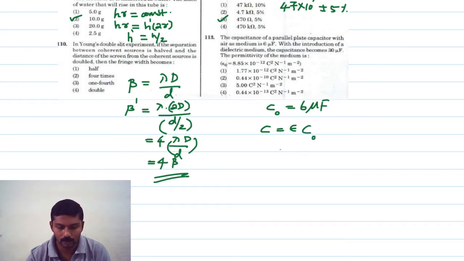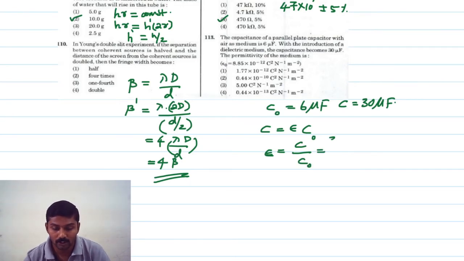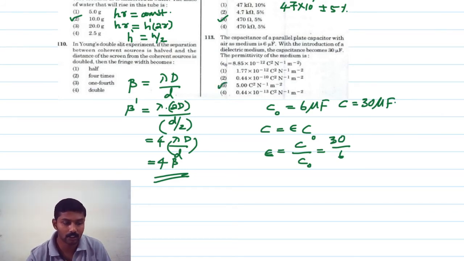We have to find the permittivity. Just substitute those values: epsilon is equal to the new capacitance divided by the air capacitance, which is 30 divided by 6 microfarad. Microfarad cancels off. 6 fives are 30, which gives you the third option as the right answer.